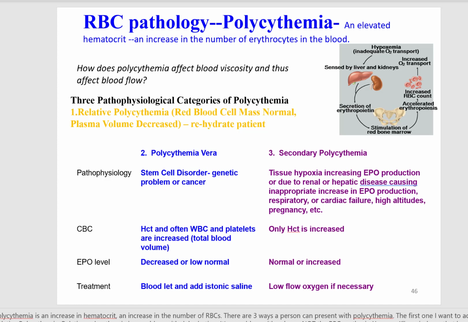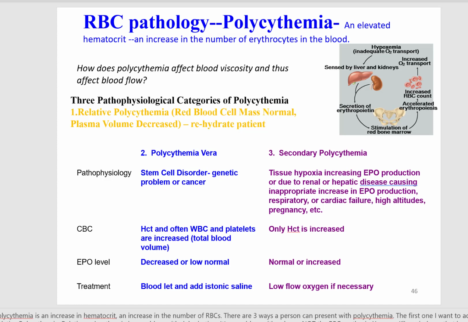Polycythemia vera is also called primary polycythemia. It is a problem with the stem cell, the hemocytoblast. Oftentimes, this is a problem with a genetic issue, a genetic mutation, or a cancer issue. The hemocytoblast is replicating and dividing inappropriately.